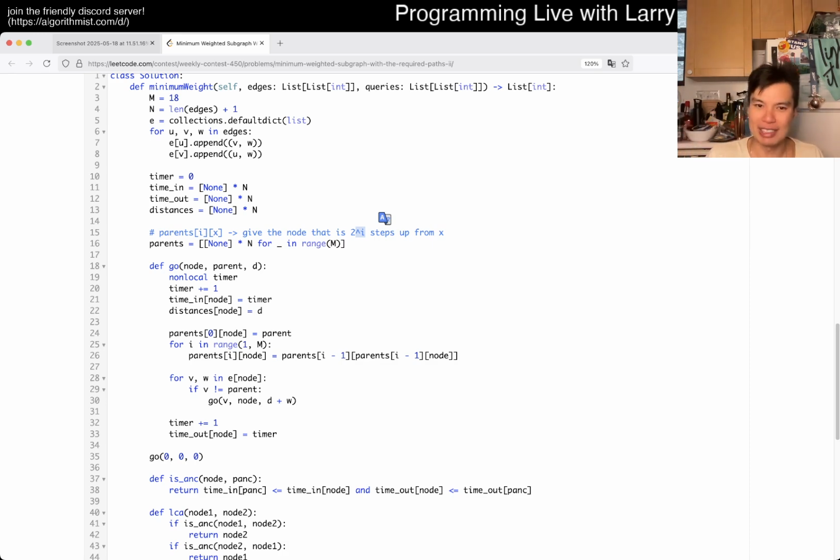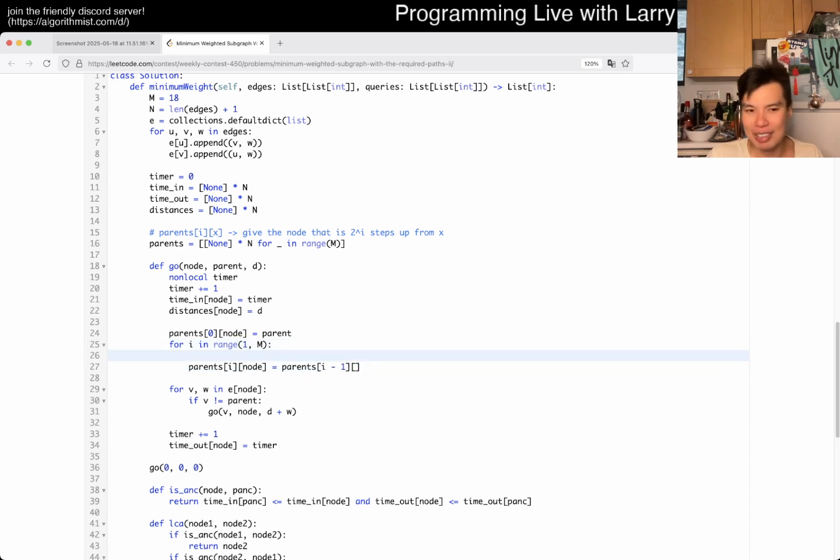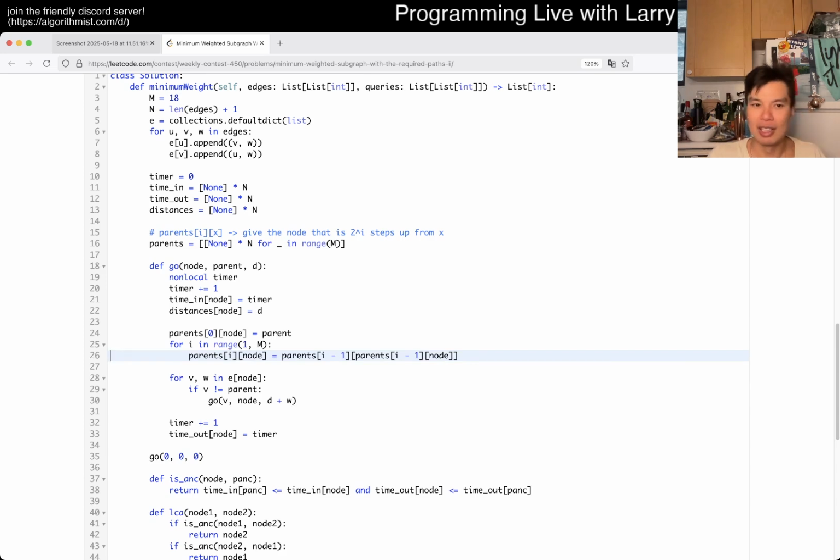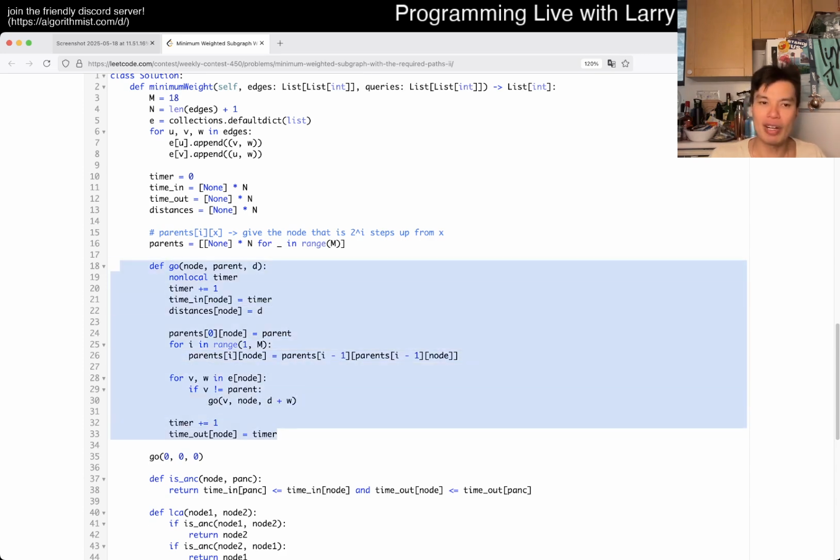So that's basically what this is doing. In that way, if you want 8 steps, then 4 steps away it's going to be this node, so this node gives you 4 steps away, and then from there you want another 4 steps away. That's how you get a recursive-looking thing, which looks really confusing when you put it in one way and you haven't been used to it. Otherwise, everything is pretty straightforward.